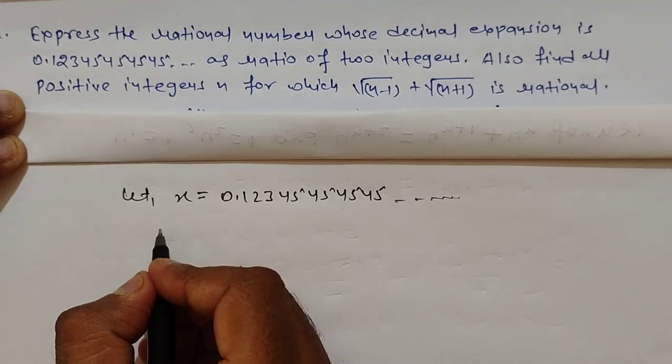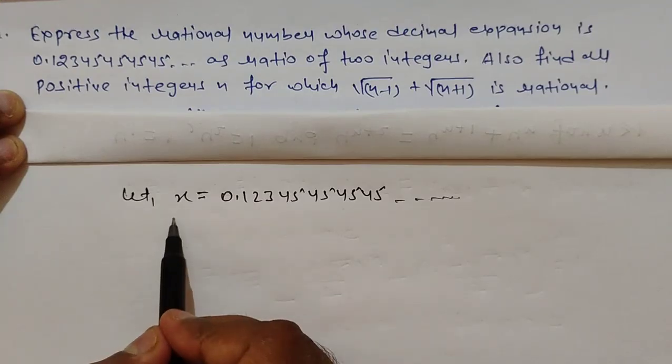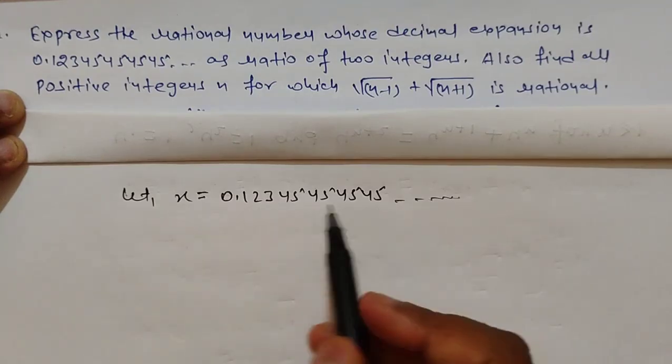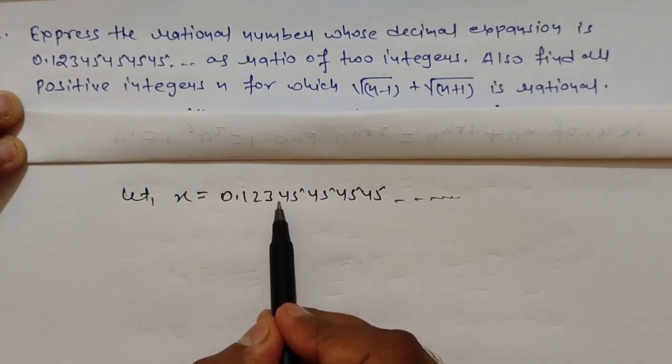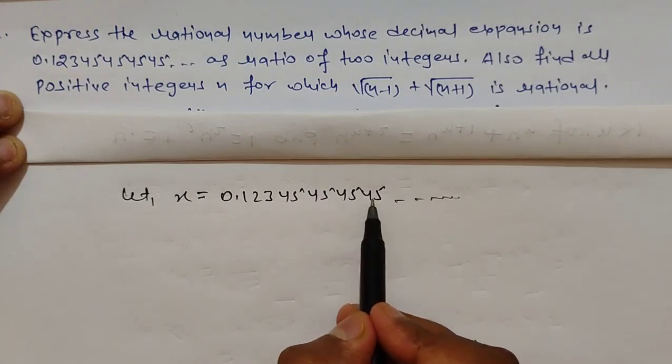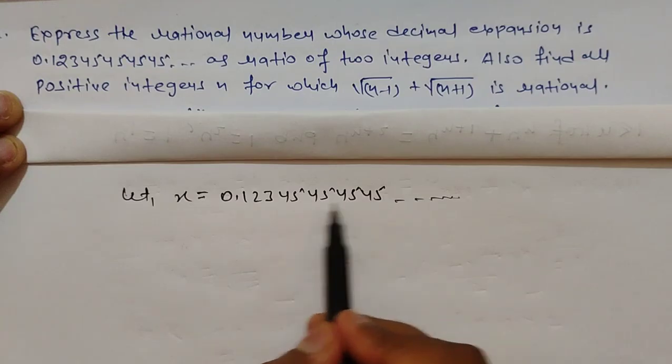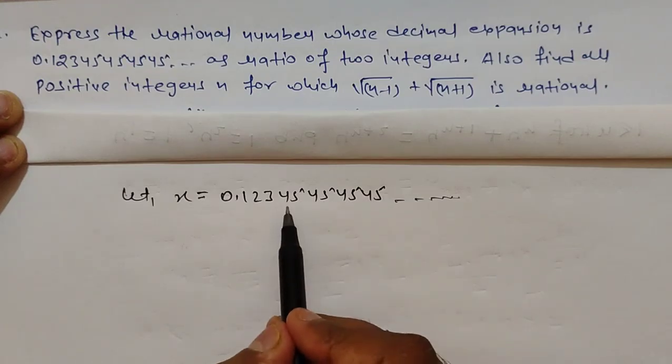Now we are multiplying by 1000 on both sides, because here we can see the decimal part, and after the third place when we shift the decimal, 45454545 is the periodicity in the fractional part.